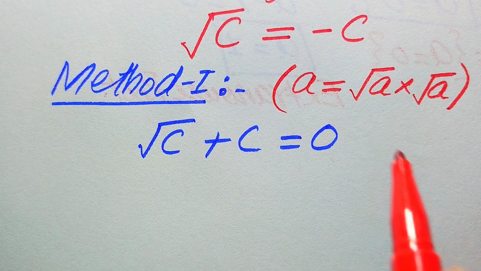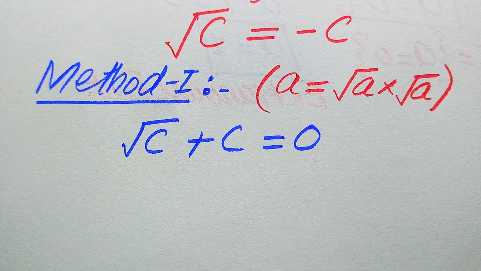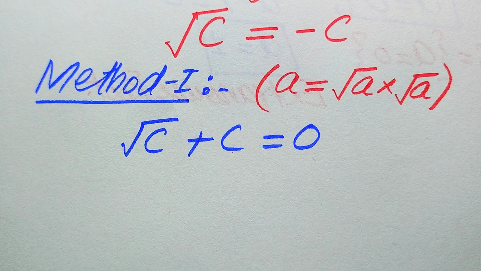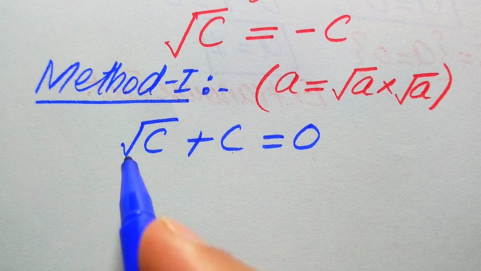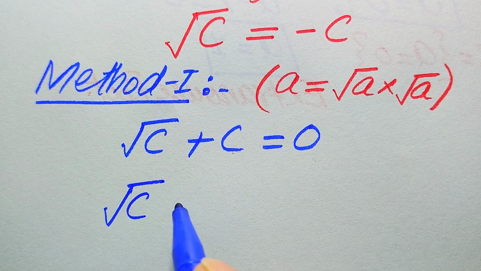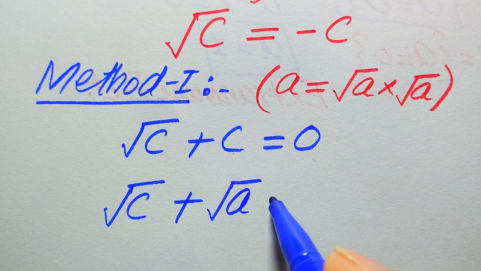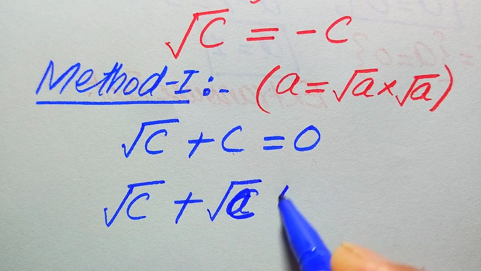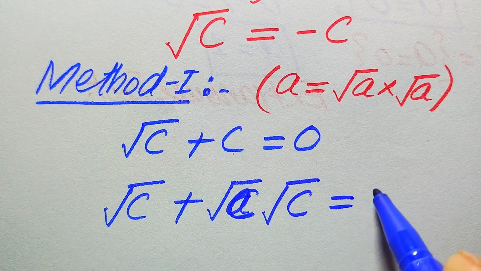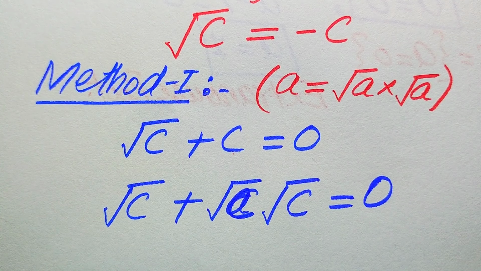So according to this rule, we write this term c as square root of c, plus we write this c in the form of square root of c multiplied by square root of c, and this whole equation is equal to 0.